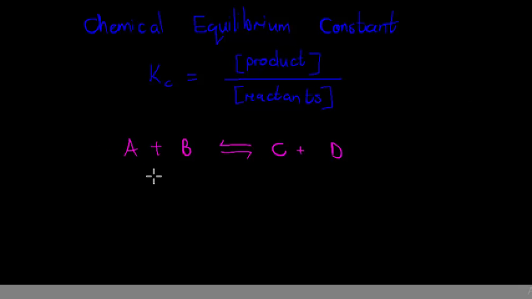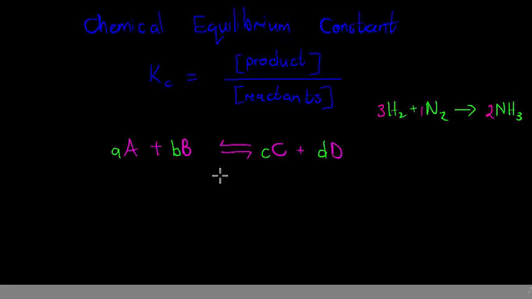Lowercase a would be the coefficient of compound A, lowercase b the coefficient of compound B, lowercase c the coefficient of compound C, and lowercase d of D. In the example we looked at with ammonia, we had H2 plus N2 produces NH3, and the coefficients I'm talking about were 3 here, a 2 there and a 1 here.